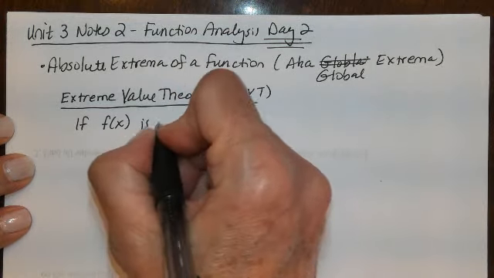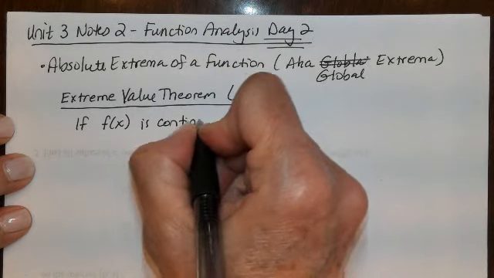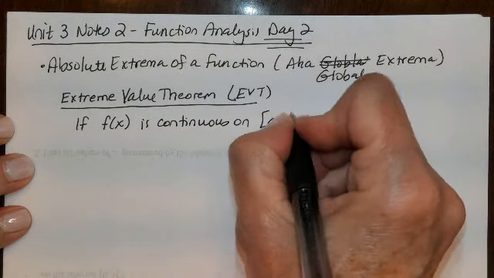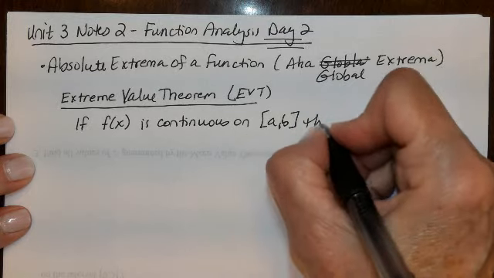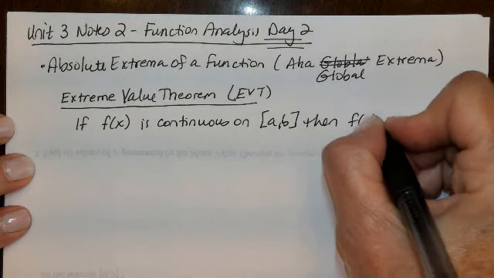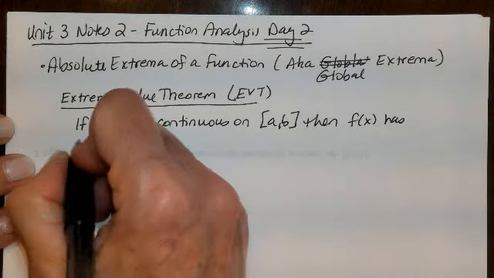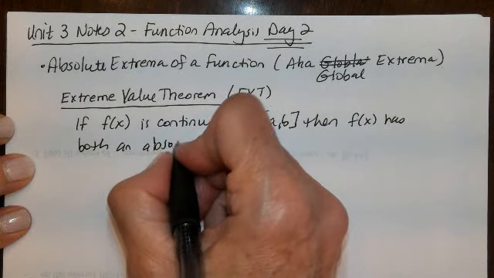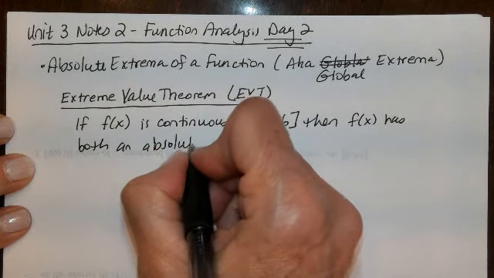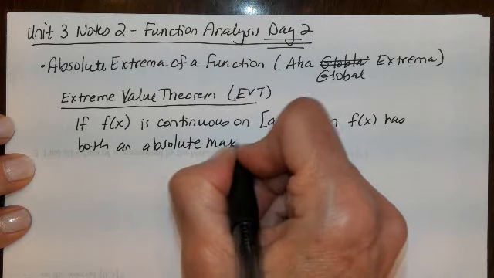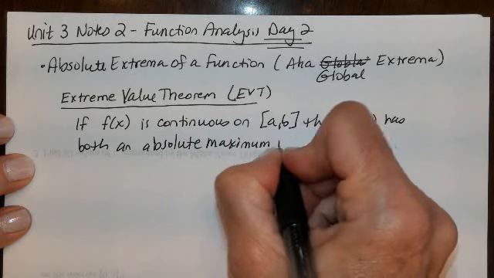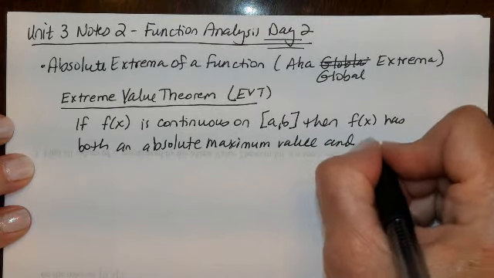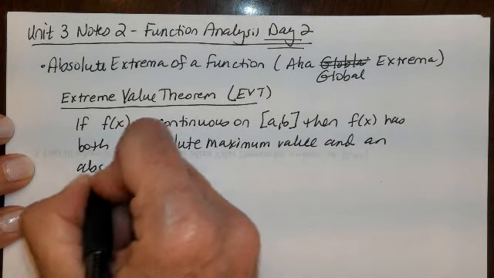If f is continuous on a closed interval, a to b, then f has both an absolute maximum value and an absolute minimum value.